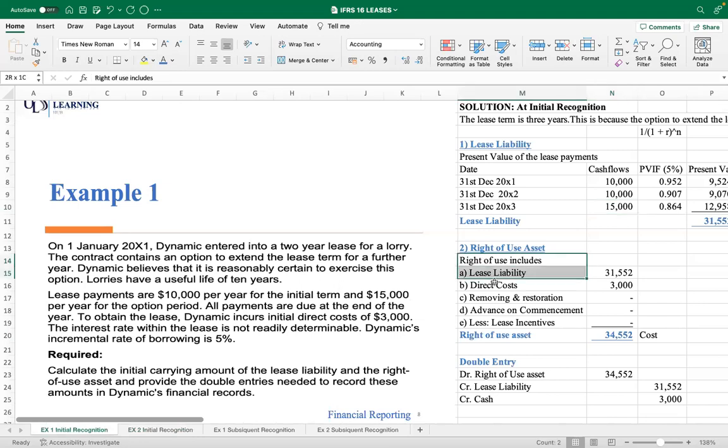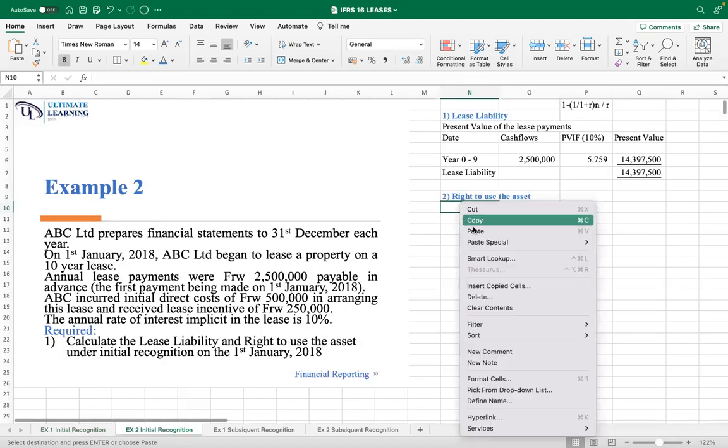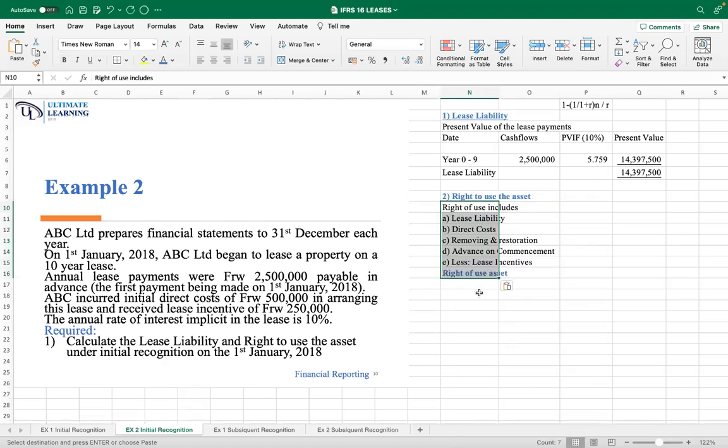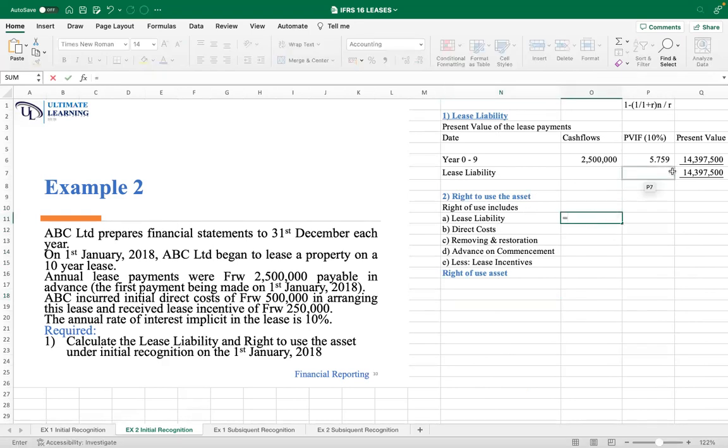We said right to use an asset includes, I'm just copying that so that you know the formula remains the same. Number one, lease liability. So what was our lease liability in this case? 14,397,000 lease liability.